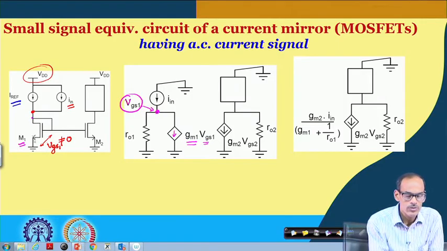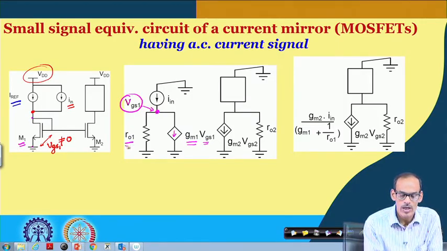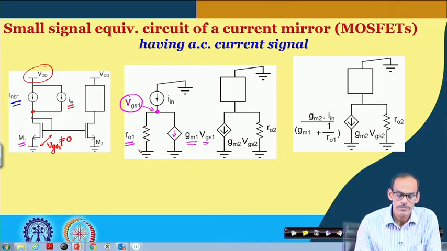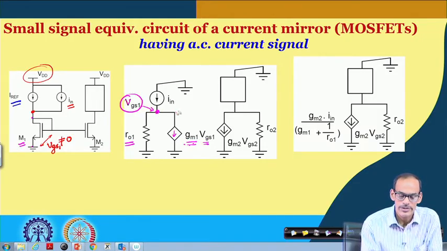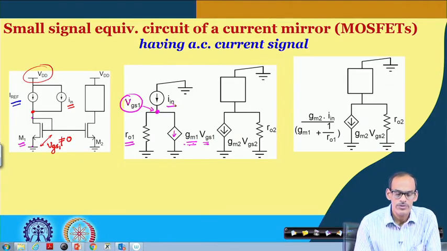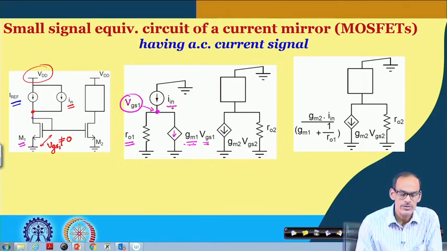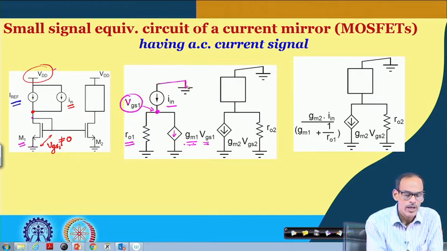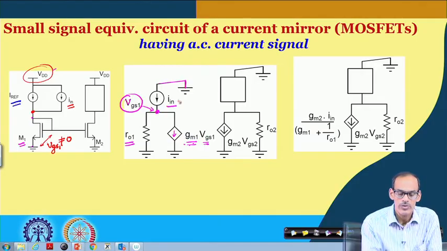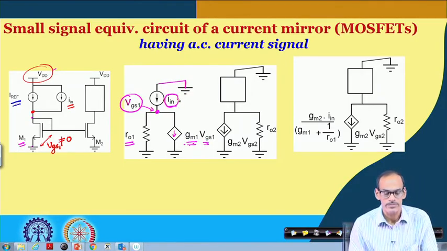From drain to source we do have RDS 1 or RO 1 along with this voltage dependent current source GM 1 into VGS, that is the circuit. Now, here we do have the input signal current. Whenever we are drawing the small signal equivalent circuit, we have to make this AC ground and eliminate the DC part, but then we have to consider the small signal part.